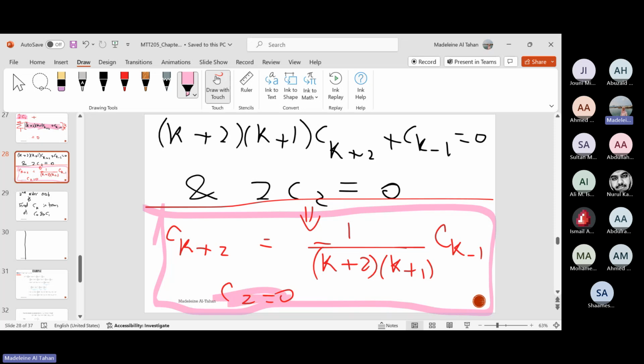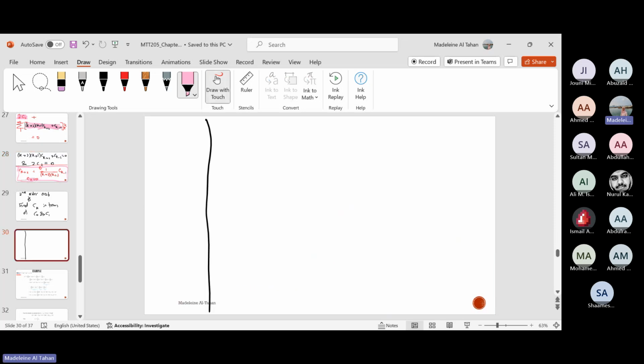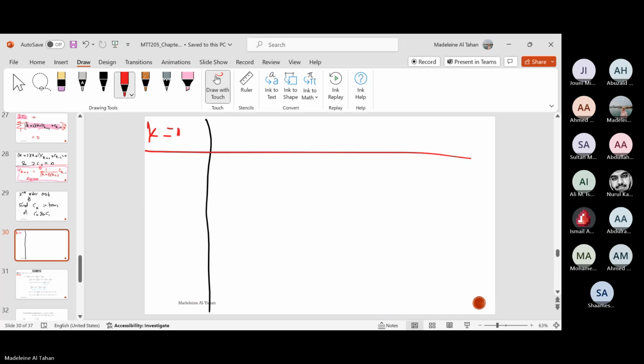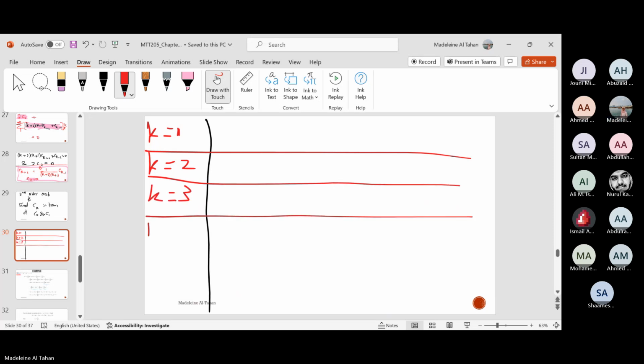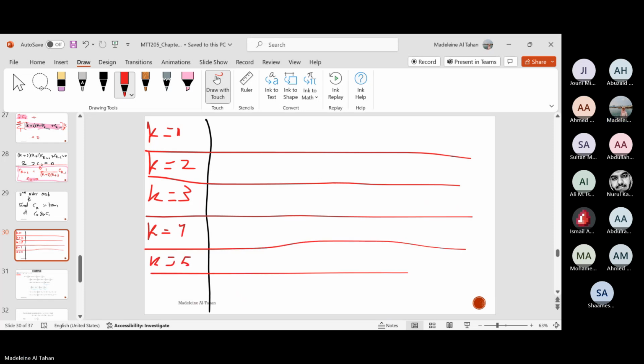So we will start with k equal 1, k equal 2, k equal 3, k equal 4, k equal 5, k equal 6.